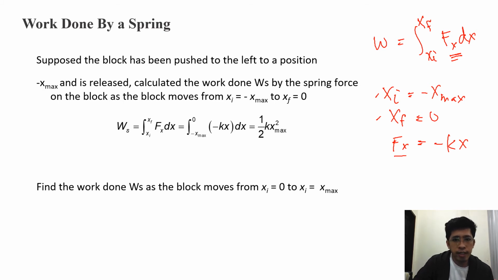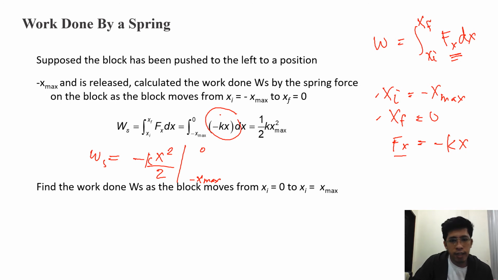The integral of this part is just negative k x squared over 2, and we're going to evaluate this from negative x max to 0. So this is your work done by the spring. We substitute 0, and then subtract the substitution of negative x max.